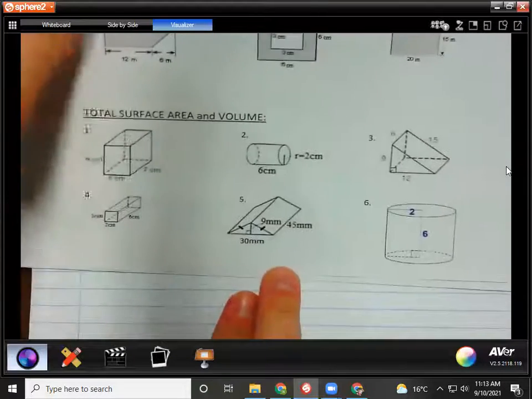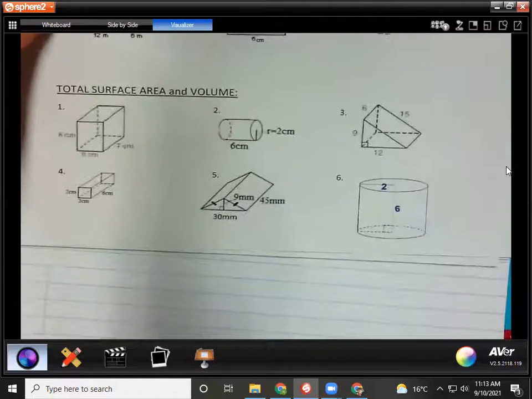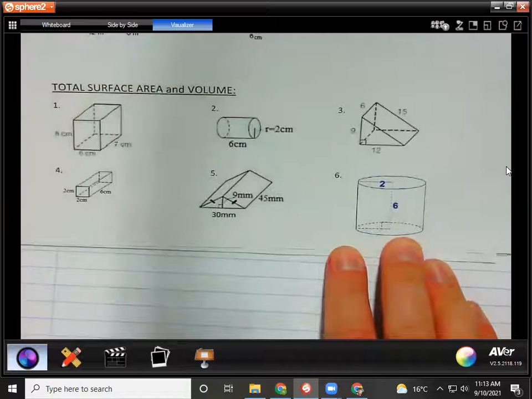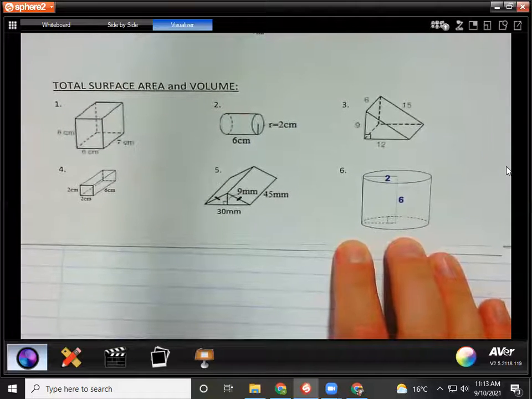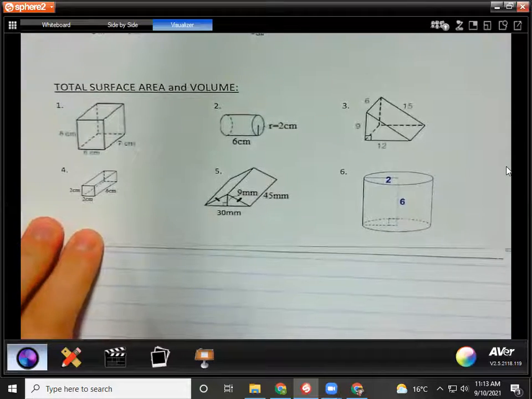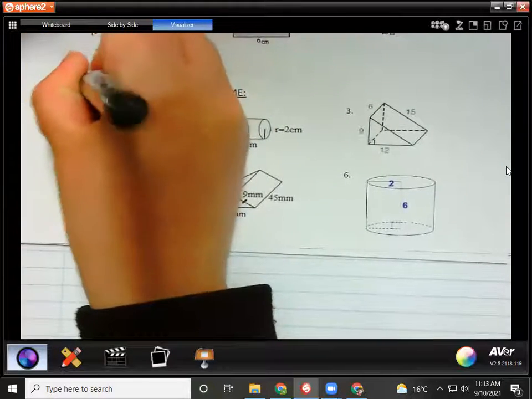So I'll leave this on the board. This is also from the notes. At the end of the measurement notes, there's a measurement worksheet. So if you want to, you can label this as measurement worksheet.